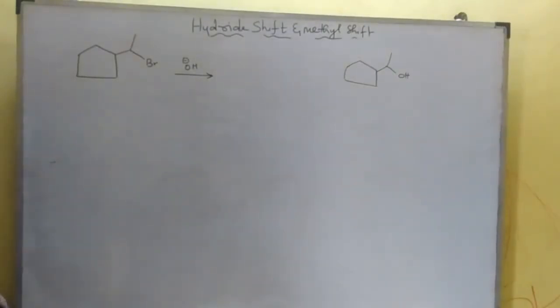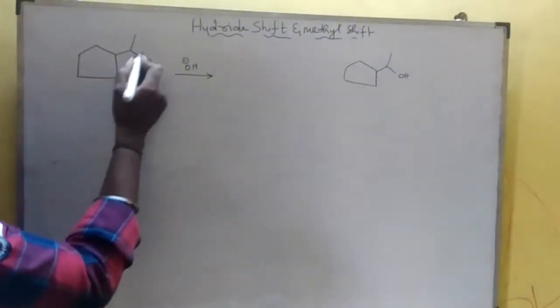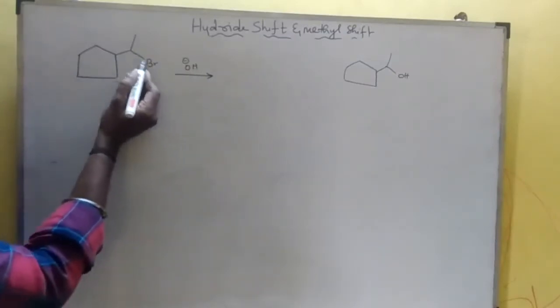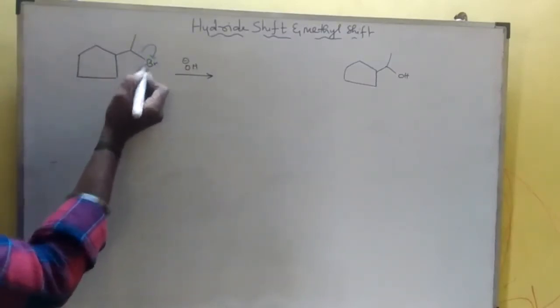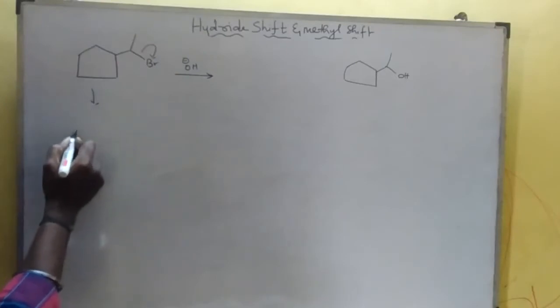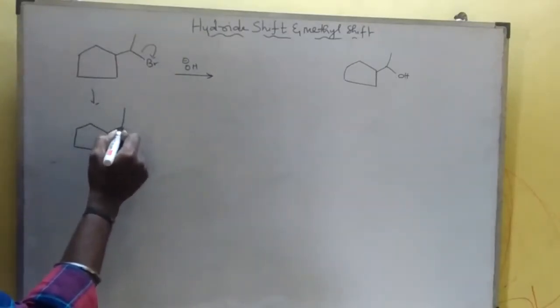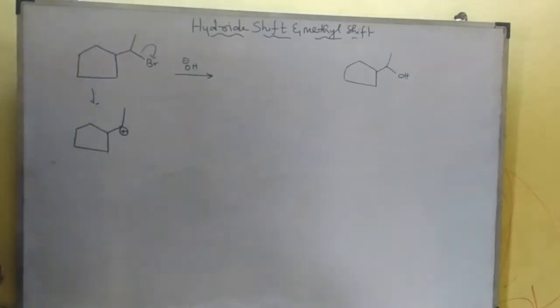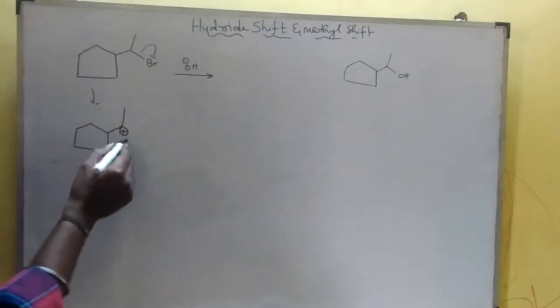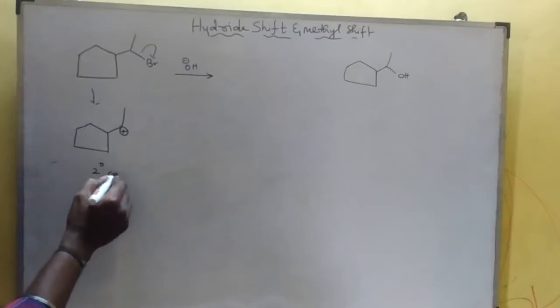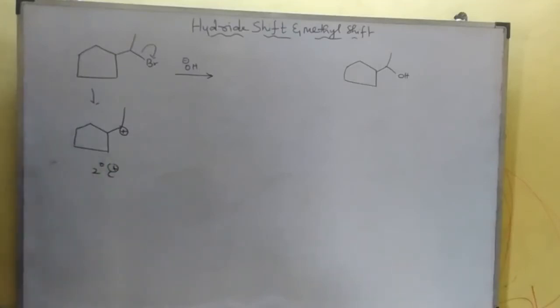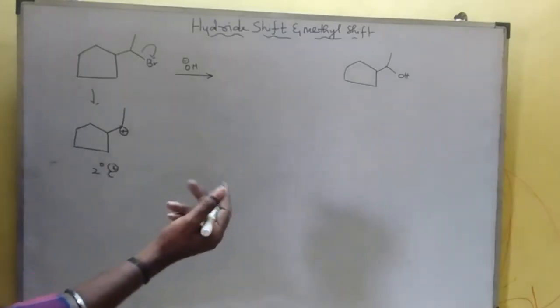First, this is a polar covalent bond. Here it is more electronegative, so it moves towards itself. So it forms a carbocation, and this carbocation is a secondary carbocation. And this is a 5-membered ring. Here the ring expansion takes place to form the more stable 6-membered ring.